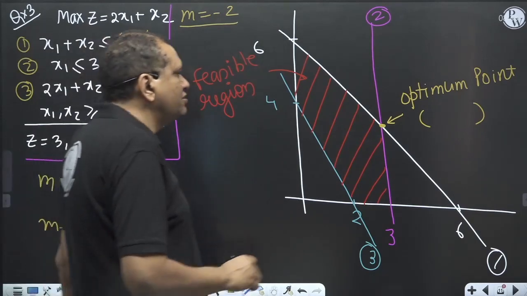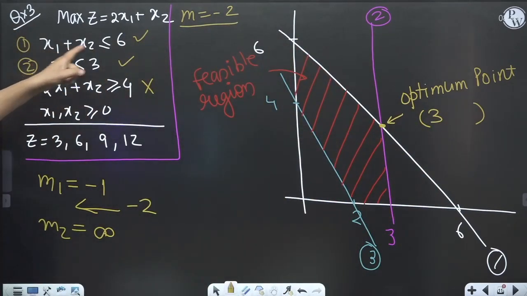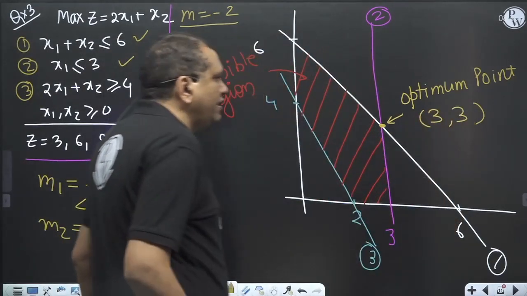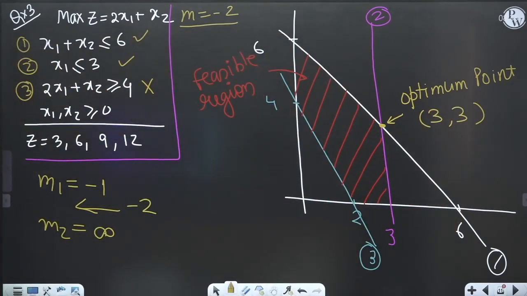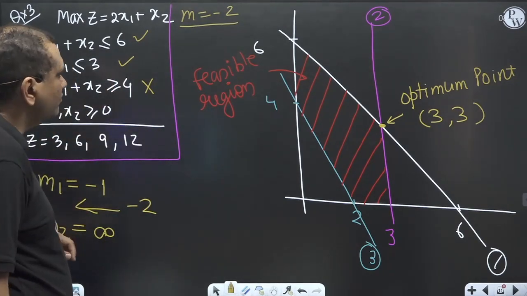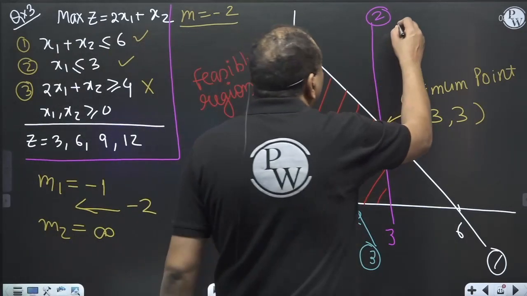The optimum point will be x1 equals 3, and putting 3 here, x2 will also be 3. So 3 and 3 is the optimum point. Put this in the objective function.